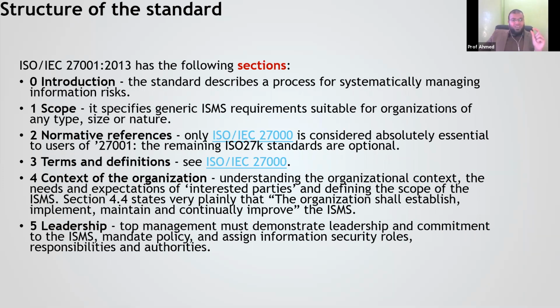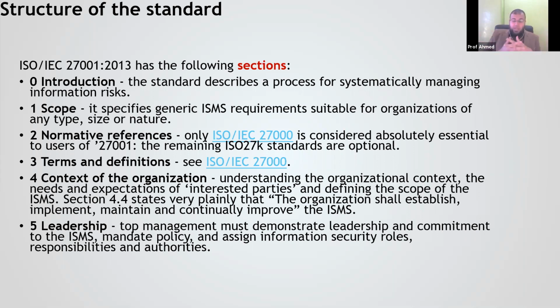Starting from 4, this is the first clause, which asks you to set the scope of the ISMS. So I need a document that names the scope of the ISMS. You need to mention the organization objectives and the scope of the information security.